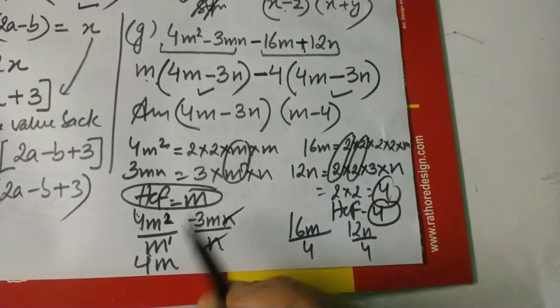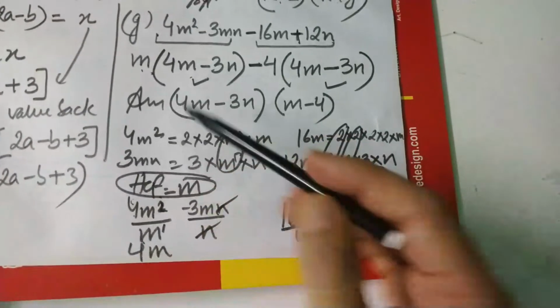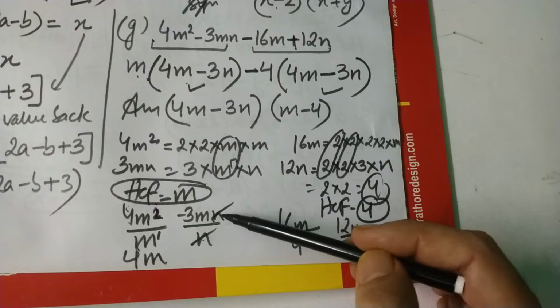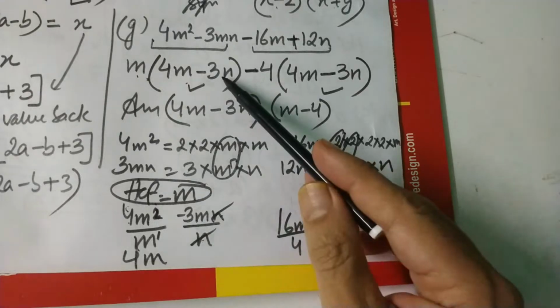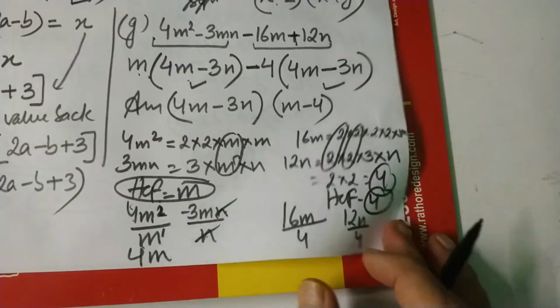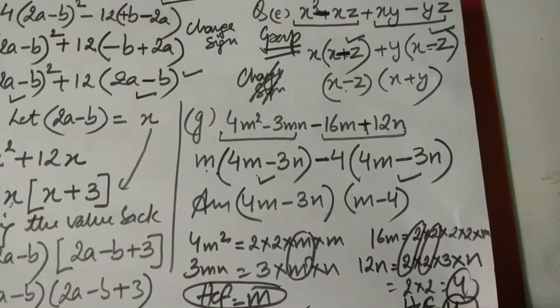This 4m is written here, and here it is 3mn upon n, n and n divide, minus 3m. So you can see the common method, taking below this video. There is a link given, that will help you understand.